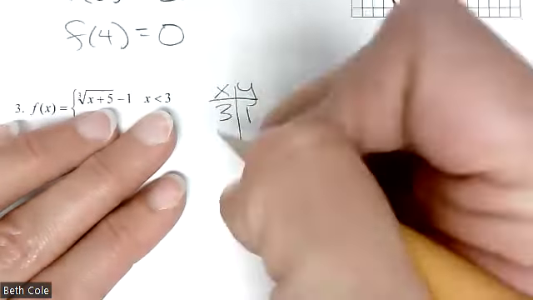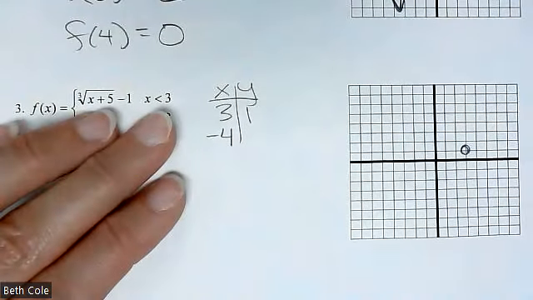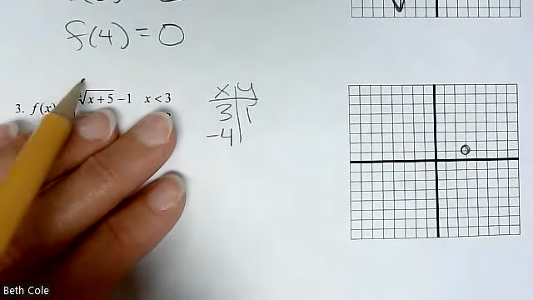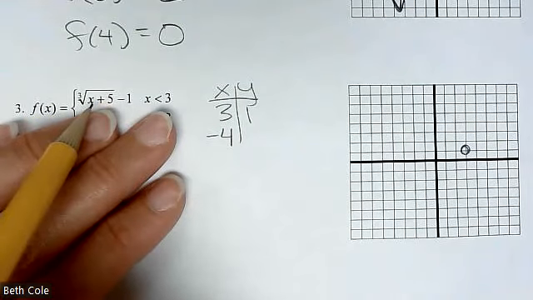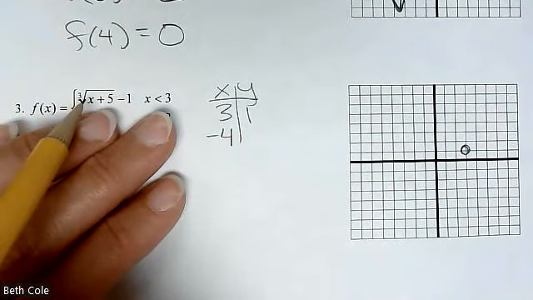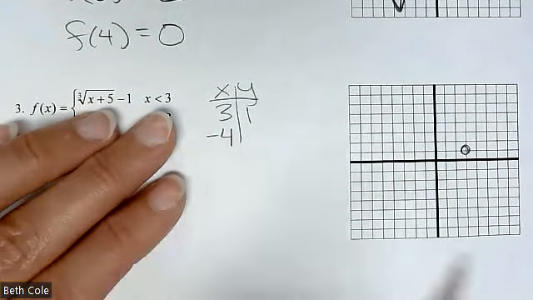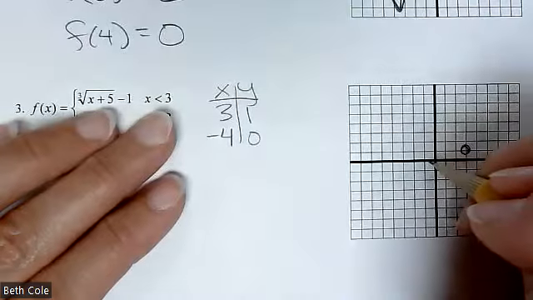I think we're going to need to go out to -4. Because what would -4 plus 5 give us? 1, right? Cube root of 1 is 1, and then 1 minus 1 is 0. So -4, 0.